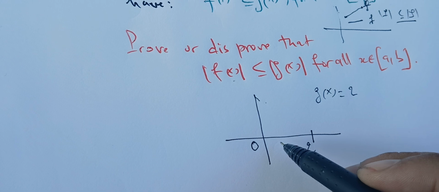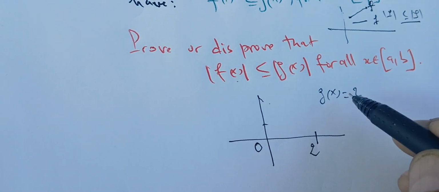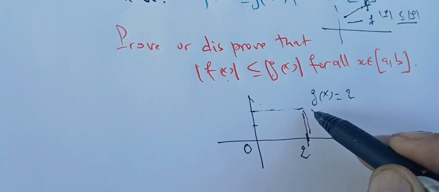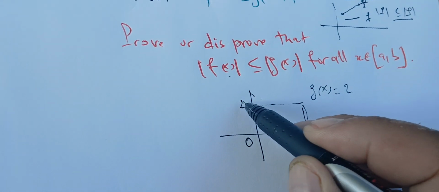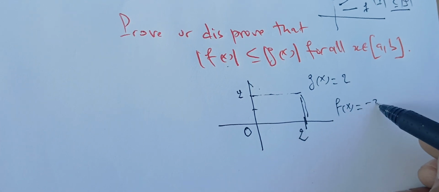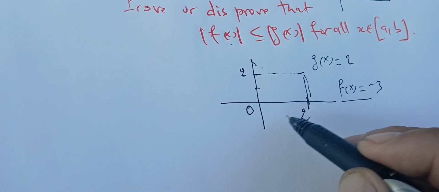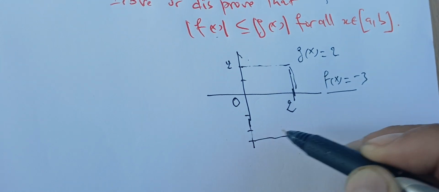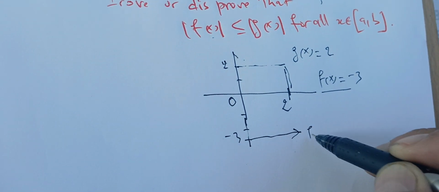So g of x is a constant function, and let's take f of x as -3 on the same interval. So -3 is here. So this is f of x.